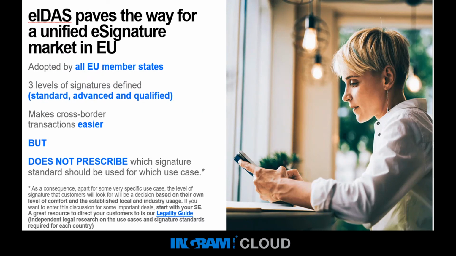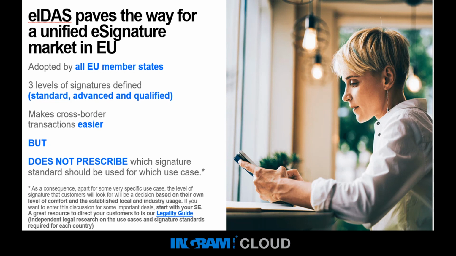So those three are standard, advanced, and qualified signature. And what this does is this actually allows for a smoother transaction, but also continues the compliance, which is most important for businesses to make sure that they're compliant with everything which they're doing to European standards.